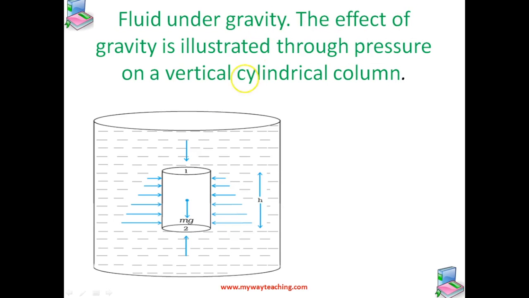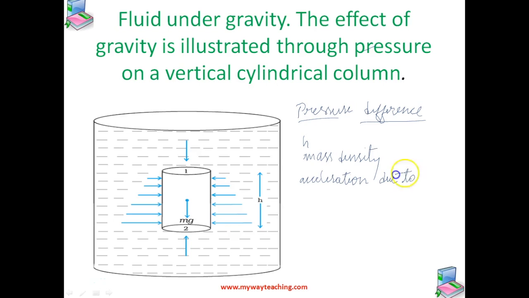So this pressure difference depends on all these three quantities: the vertical distance h between points 1 and 2, the mass density, and the acceleration due to gravity, which is represented by g.